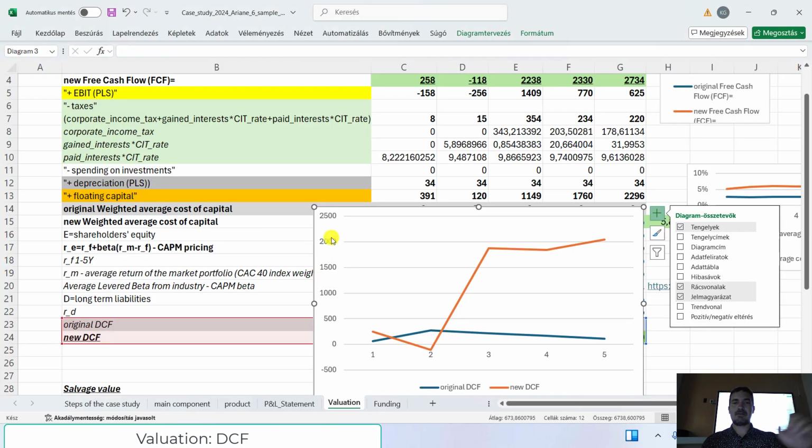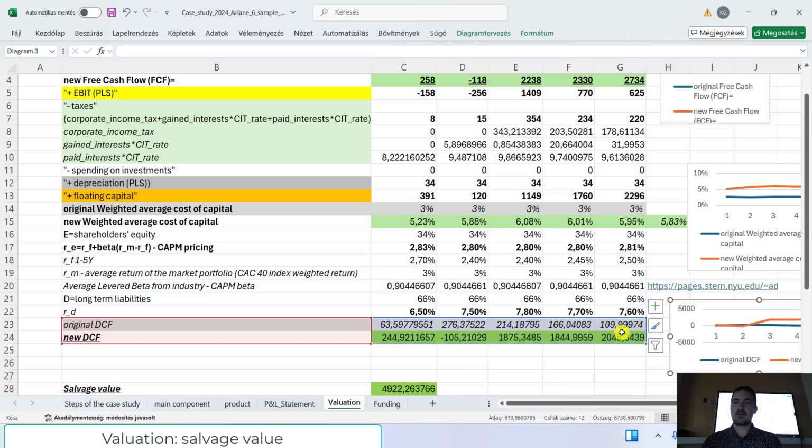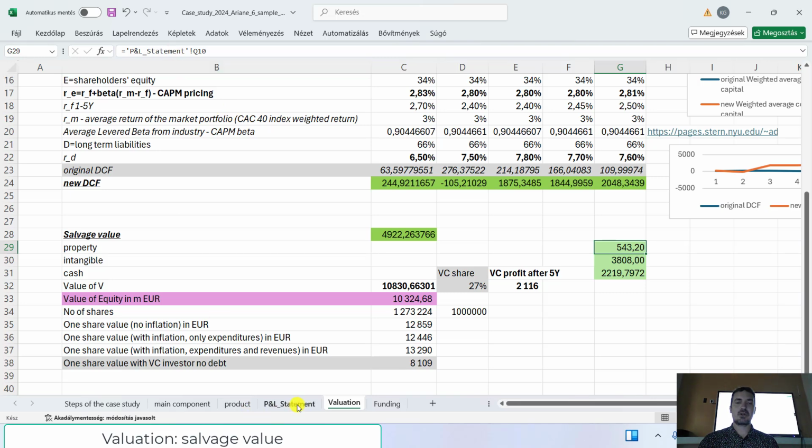Good. Then we still have 4 minutes. After that we can just go through property value. Okay, so let's see what is the expected value for property in the future.